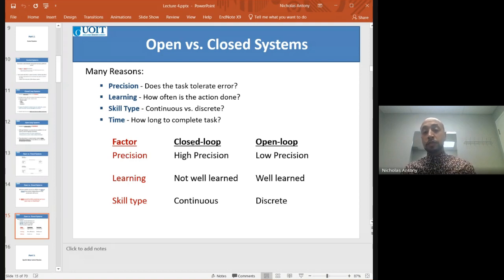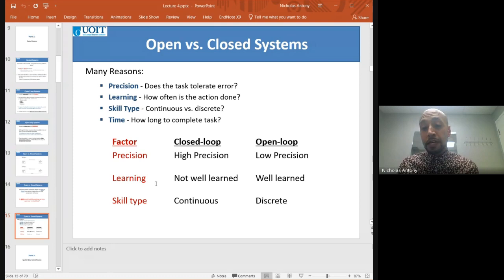So in a closed loop system, feedback would be necessary when we need to be highly precise or accurate. Whereas if accuracy isn't the main factor, then we could work in an open loop system. Now, Jordan had said practice. That's true too. So what about if something's super well learned?